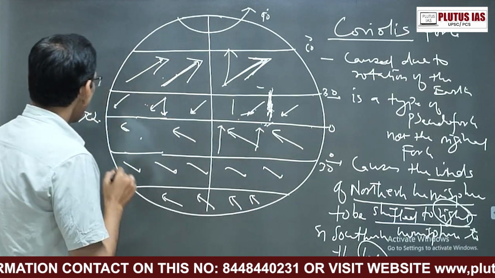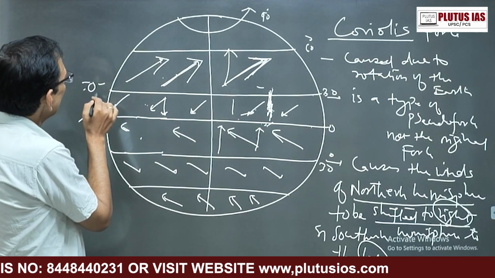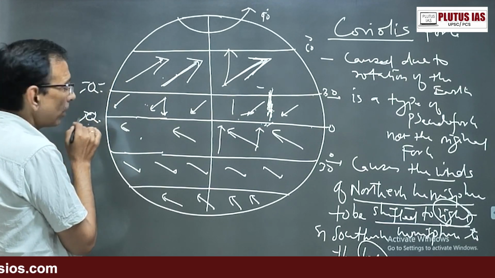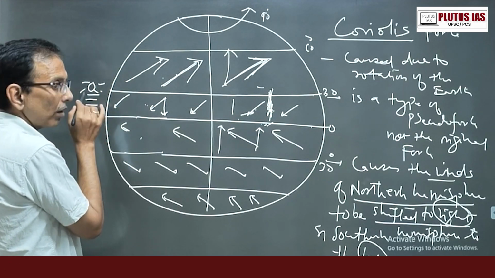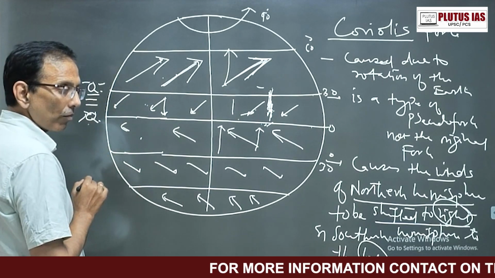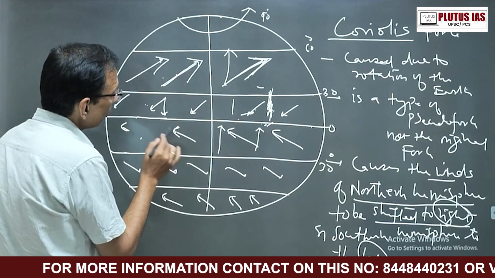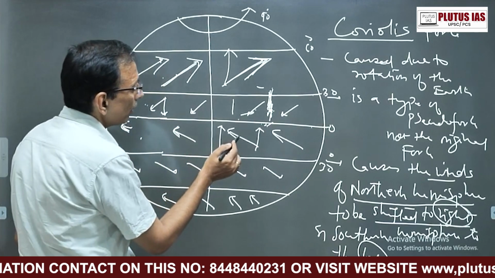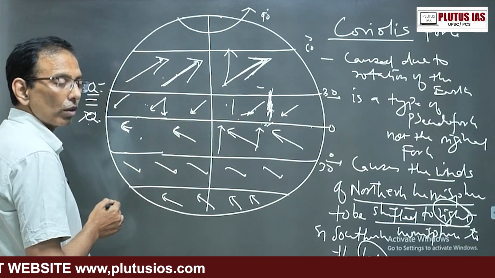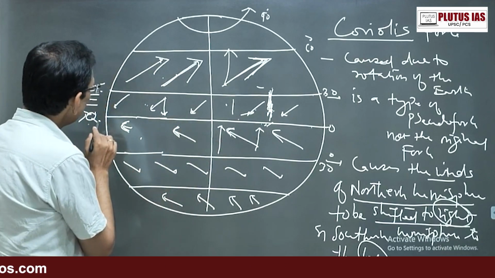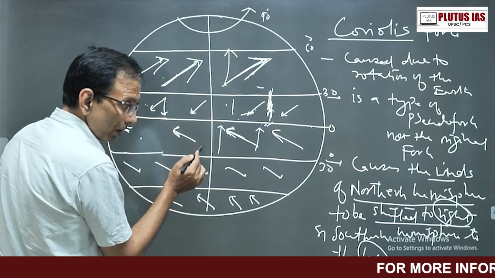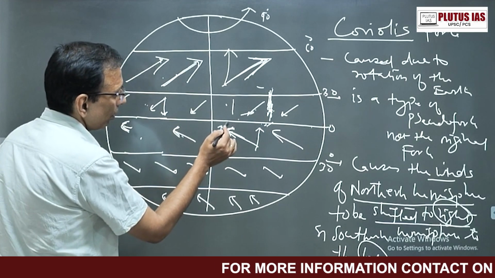But when the Sun appears over the Tropic of Cancer, while moving through the different latitudes, first on the equator, then 1 degree, 2 degree, 3 degree, 10 degree, 20 degree, 30 degree, like this. When it appears over 30 degree, then what happens to this southern hemispheric trade wind? This trade wind will also shift to the northern hemisphere because of the shifting of the Sun. Slowly and gradually, this southern hemispheric trade wind will come to the northern hemisphere.